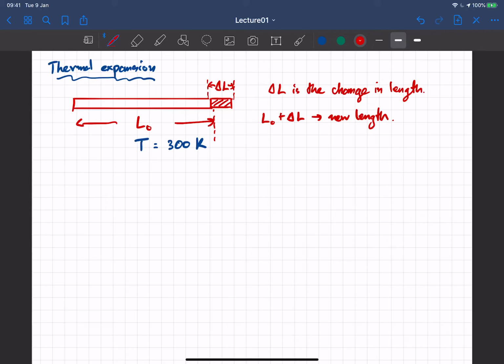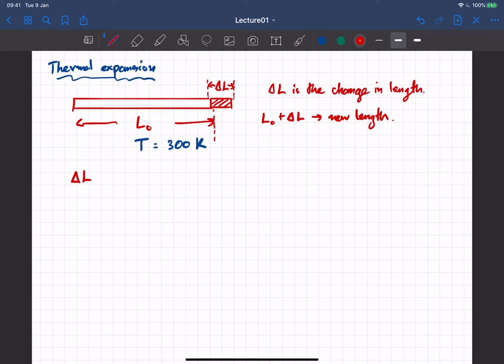And we have a formula that relates delta L to other quantities. This one is probably the one that you can remember, and is good to know: the thermal expansion equation.